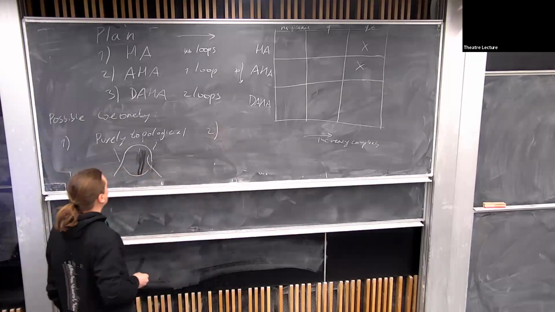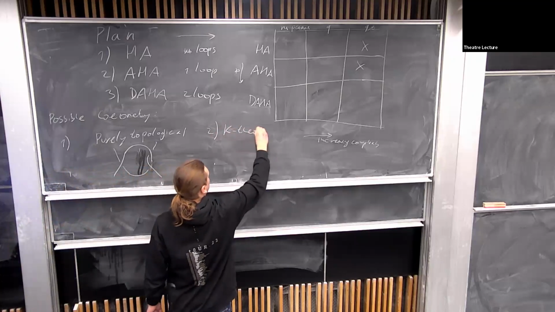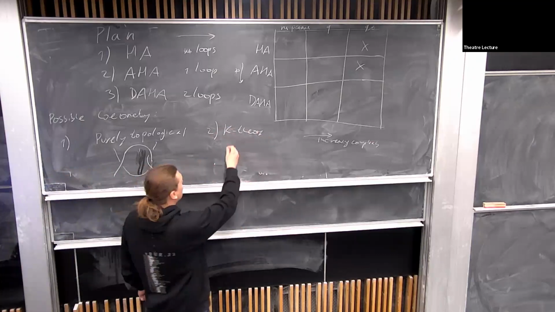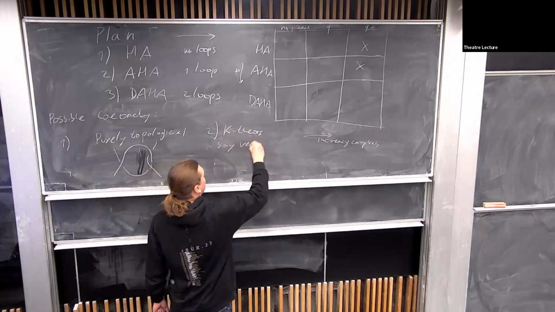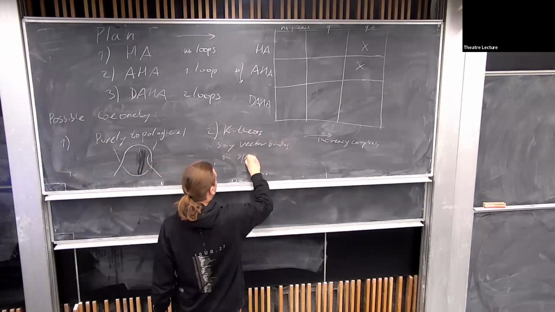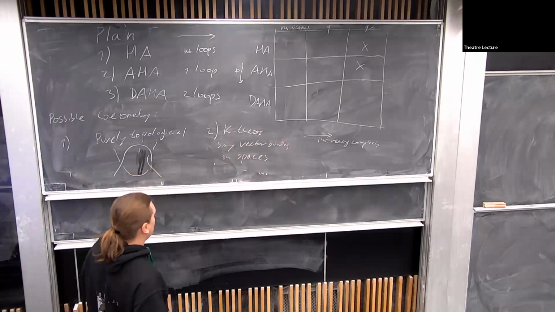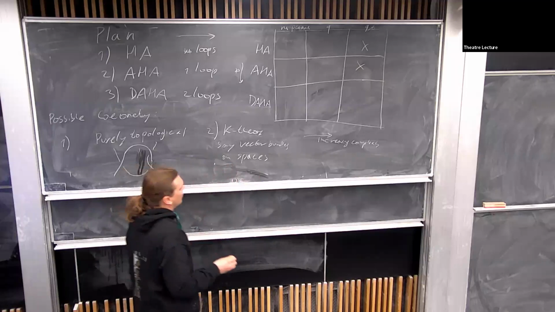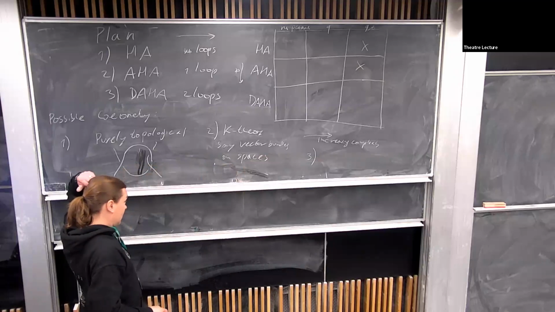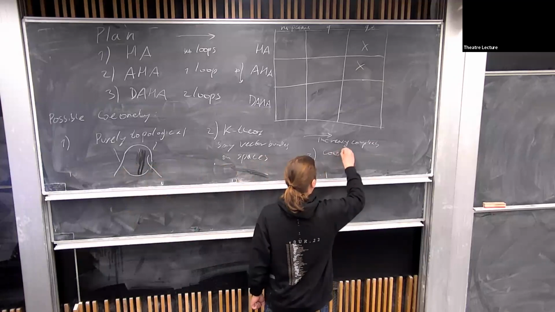Then there is K-theoretical. It's when you want to look at, let's say, vector bundles on spaces. And then there is another thing, maybe constructible.